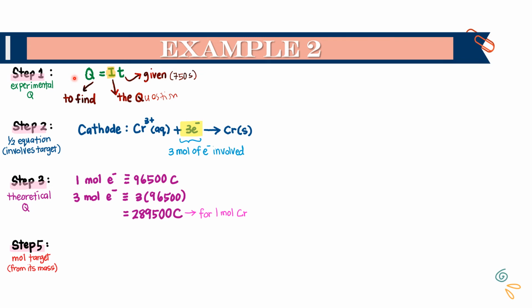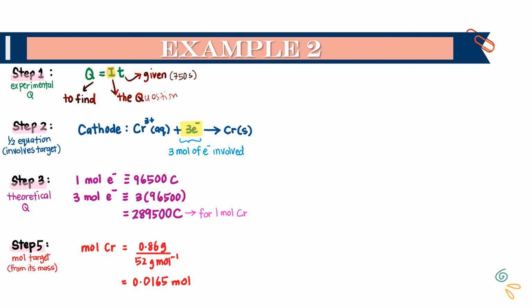So, on the step 5, saya tulis step 5 dekat sini sebab the particular calculation pada step 5 tu. Okay, so, mole of chromium, kita nak cari number of mole of chromium adalah mass over its molar mass. So, this is the mass given over the molar mass also given.